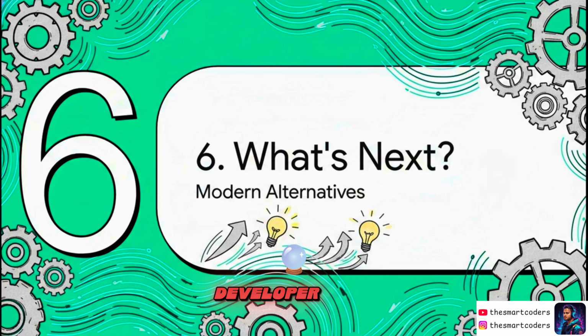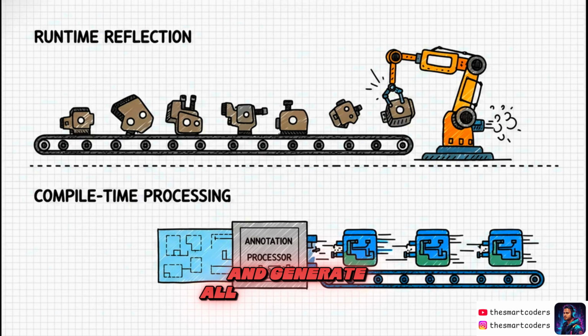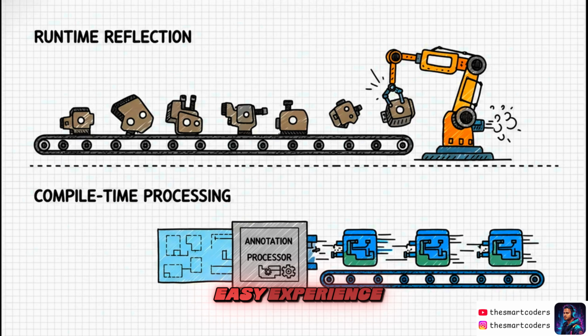So instead of using reflection at startup, these modern frameworks like Micronaut and Quarkus use something called annotation processors during compilation. They read all your little sticky note annotations and generate all the necessary wiring and proxy code ahead of time. So you, the developer, get the same clean, easy experience, but the final program that actually runs is just plain, fast, optimized Java code with zero reflection tax.